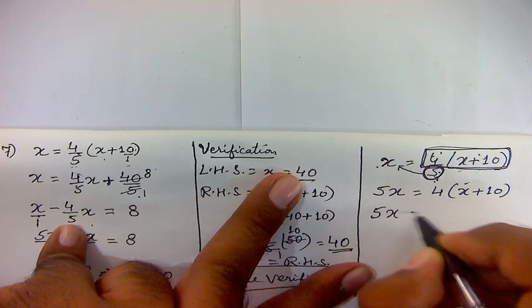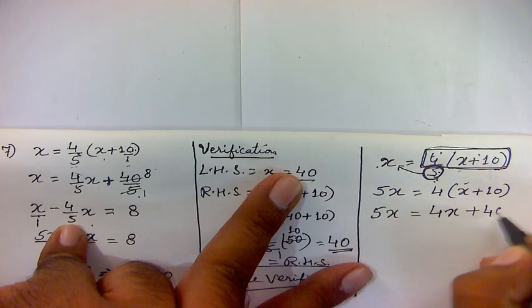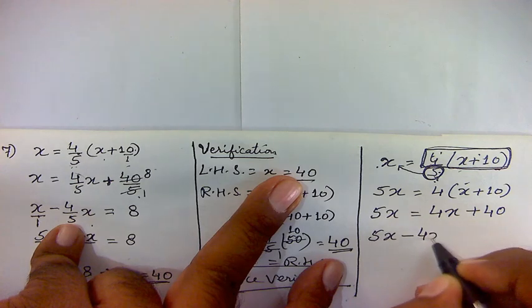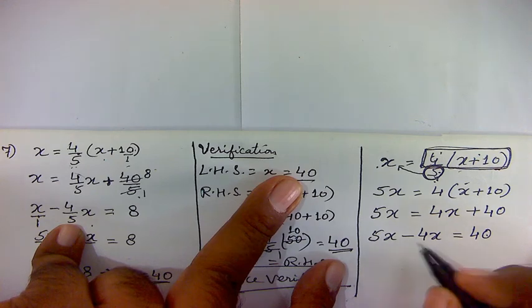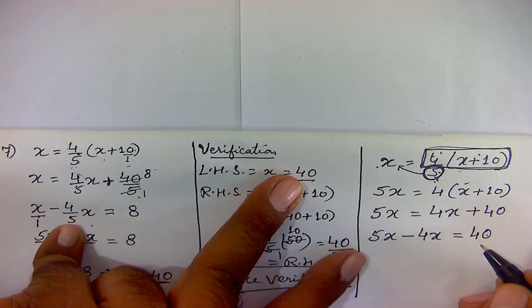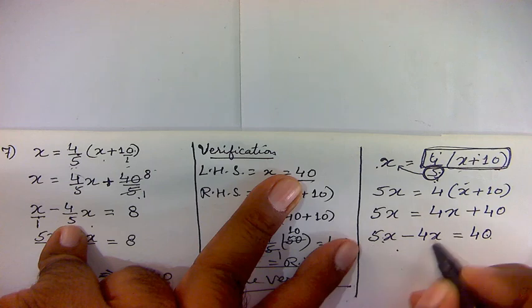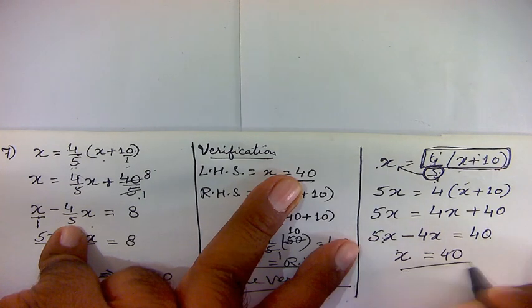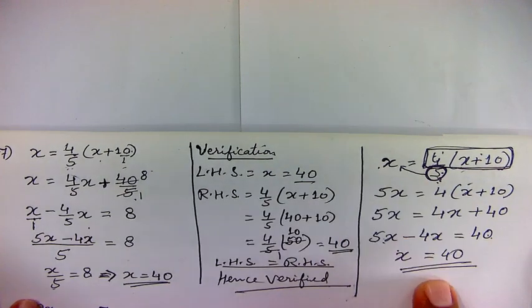So this gives you 5x equals, simplifying the bracket, 4x plus 40, and 5x minus 4x equals 40. 5x minus 4x gives you x. So x equals 40. So we can simplify this equation in this form also.